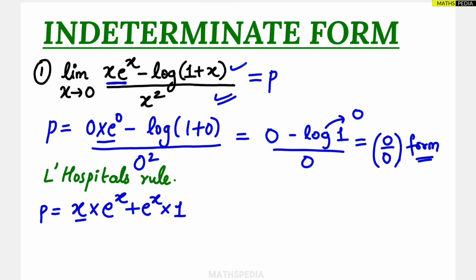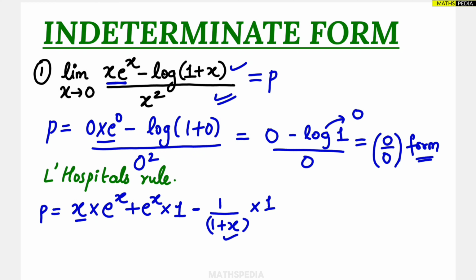Now the log term, with the minus sign: log x differentiation is 1 by x, but again we have to differentiate the inside, so differentiation of 1 plus x is 1.